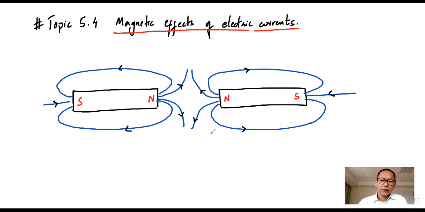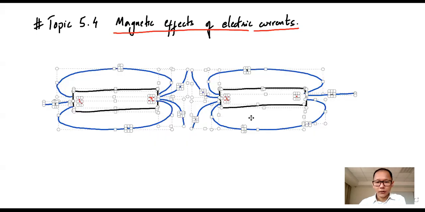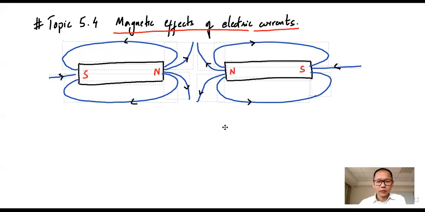Now, what if the magnets had unlike poles, then how would the field lines look? So let's look at that. Let me just draw the field lines. Let me move this slightly up here.